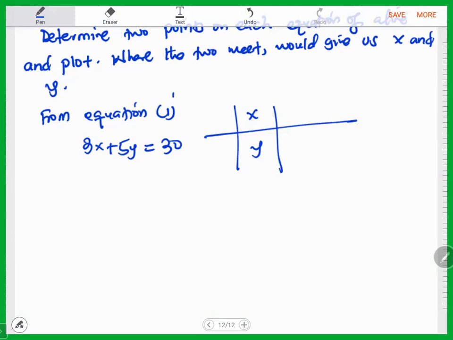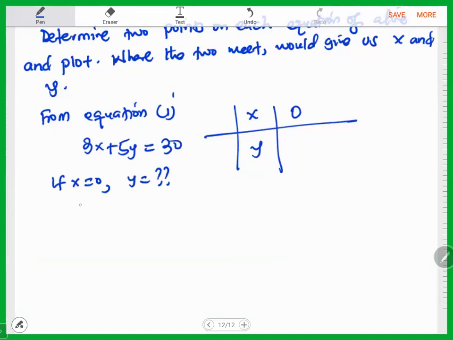Because the power on this is a 1, it means that it is a straight line. So I just have to obtain any 2 points, which I'm going to plot. If x is equal to 0, what is y?